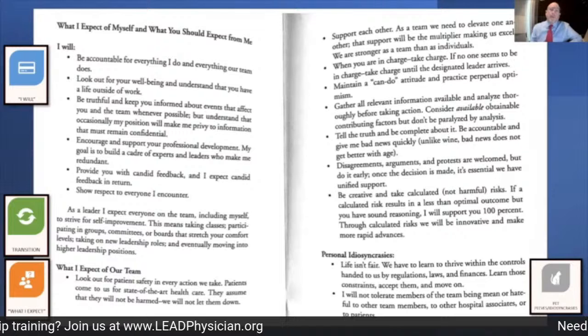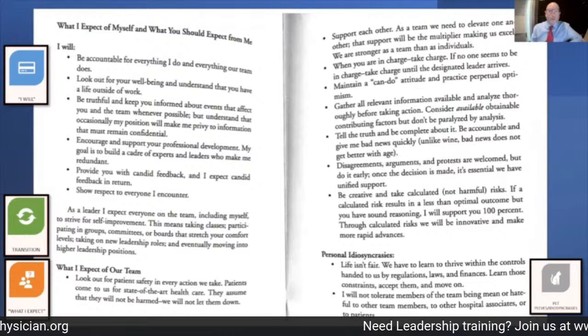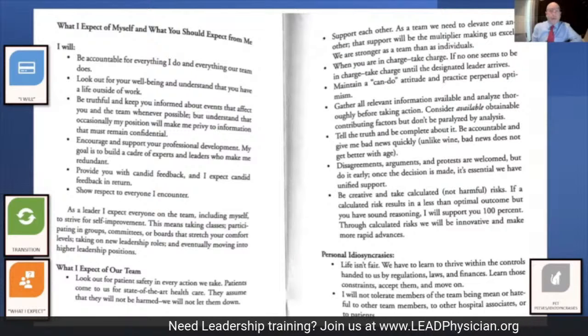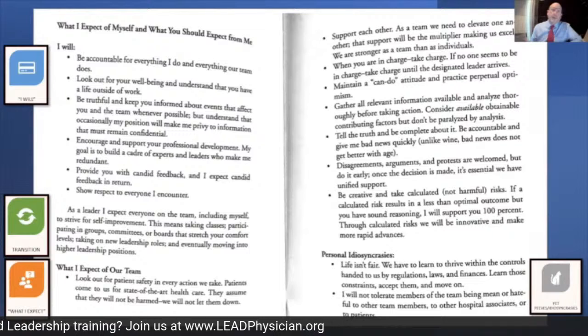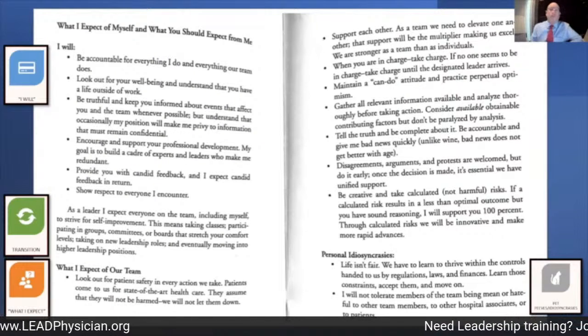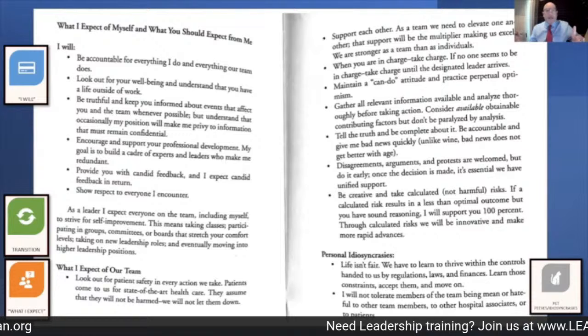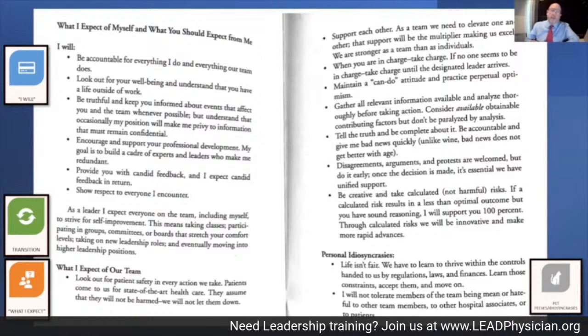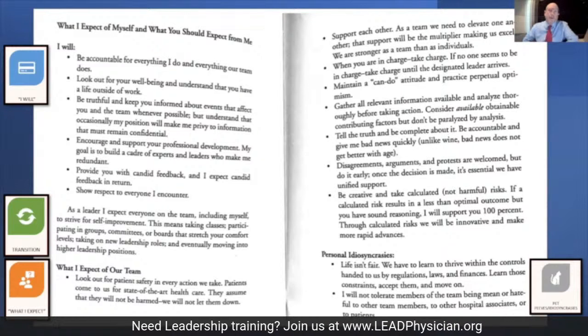So it really is a guide, a working tool that you solicit feedback about. If you see things that are part of your personal idiosyncrasies or people not meeting expectations of the team, you refer back to this as the guidepost in which you shared it in the first place.